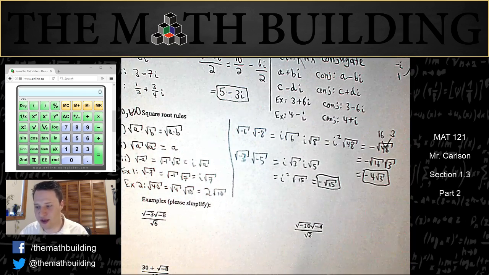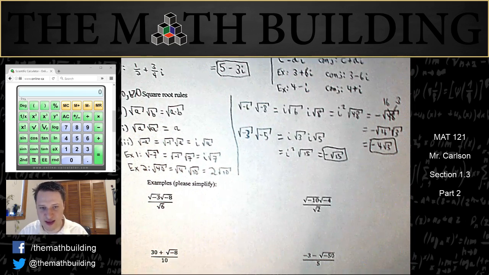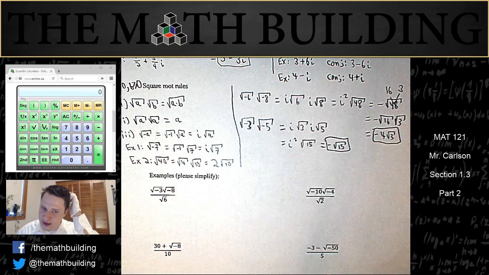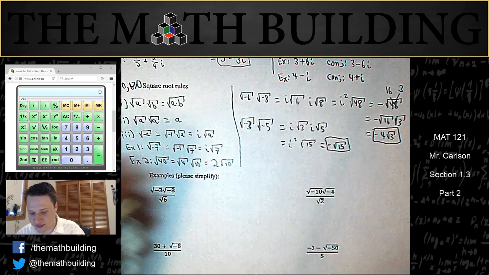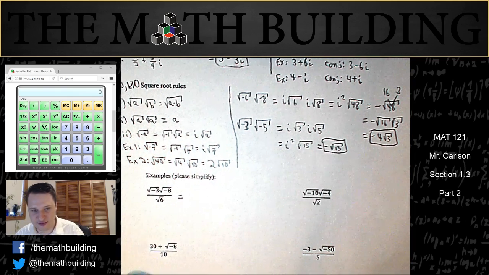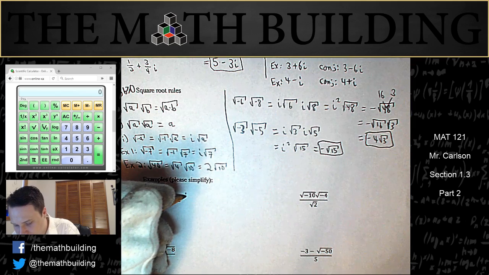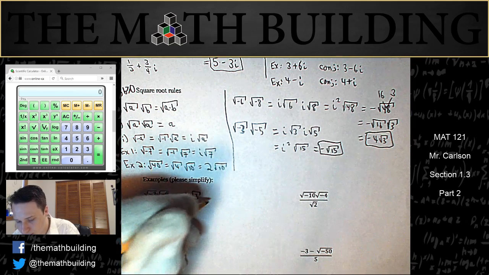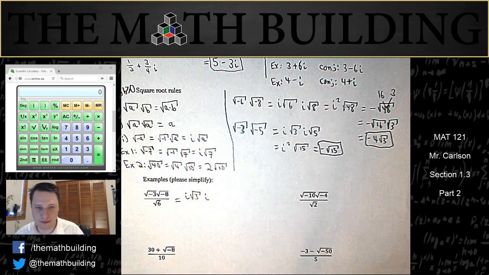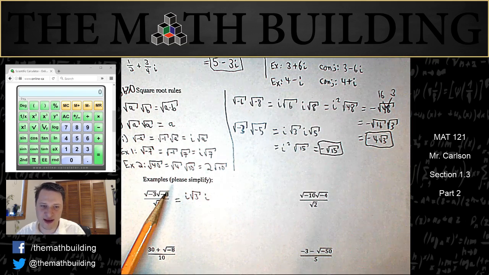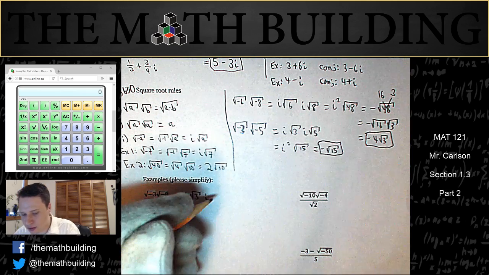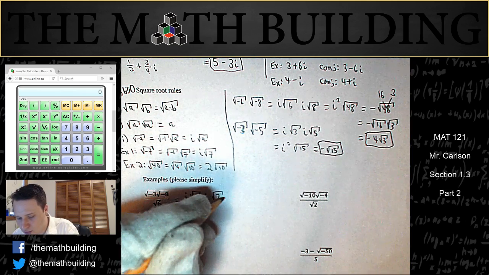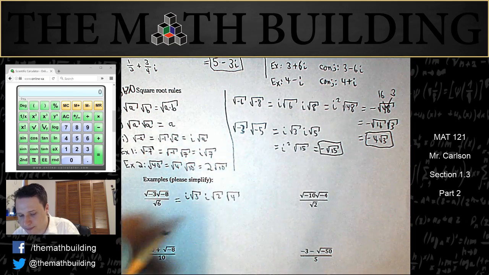Let's do a few more examples as we push ahead. Let's say I have the square root of negative 3 times the square root of negative 8 over the square root of 6. Like we did last time, let's pull out the i's. Now, instead of writing the square root of 8, I'm going to break it up into the square root of 2 times the square root of 4.